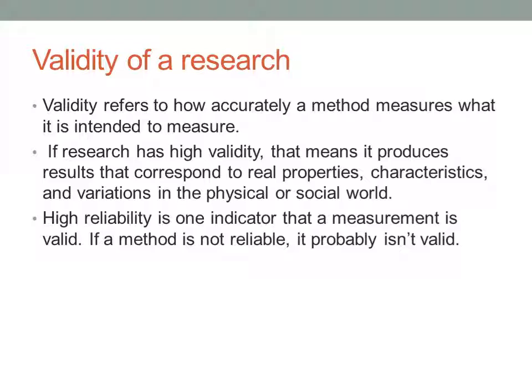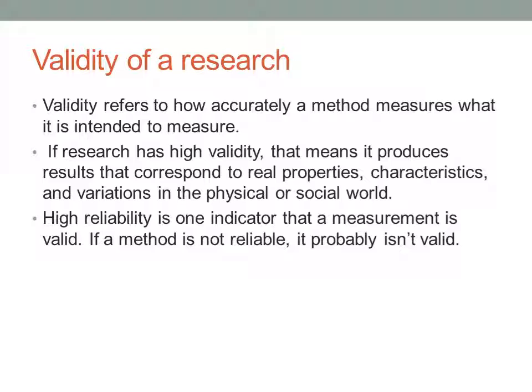Now, validity usually refers to how accurately the method you use measures what it is intended to measure. So if your method is valid, most probably your results will be valid as well.